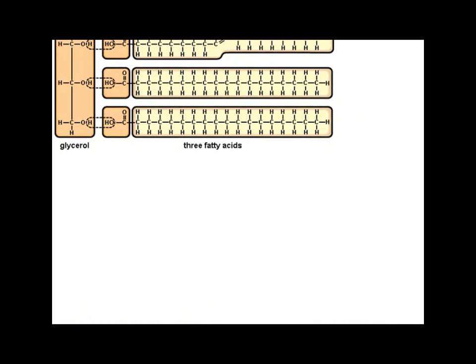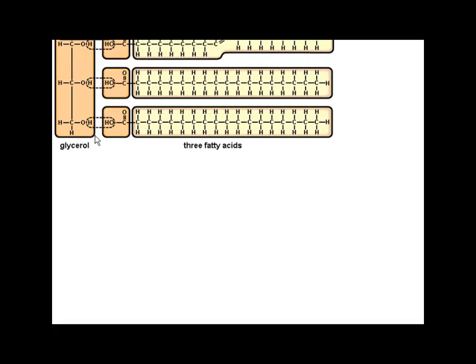So this is a triacylglycerol. You have a lot of carbons over here and over here. So that's why we use R. If you like to draw all of those carbons, be my guest. But you're going to need a pretty big piece of paper as well. And this is showing how the triacylglycerol is formed, that you lose water because it's an esterification reaction.